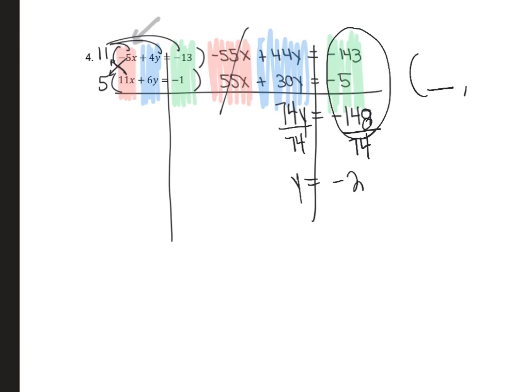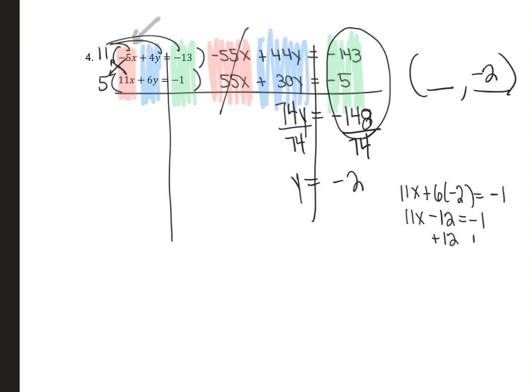When I put that in my ordered pair, I get negative 2 here. And then when I plug that back in, I'm definitely plugging in to, I don't know, they're both not really great. I'll do the second one. 11x plus 6 times negative 2 equals negative 1. 11x minus 12 equals negative 1.